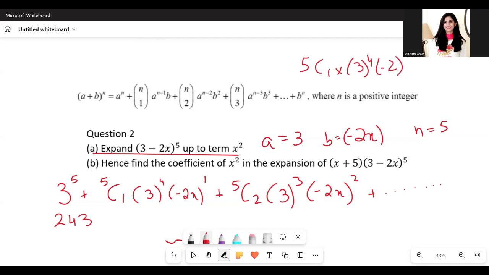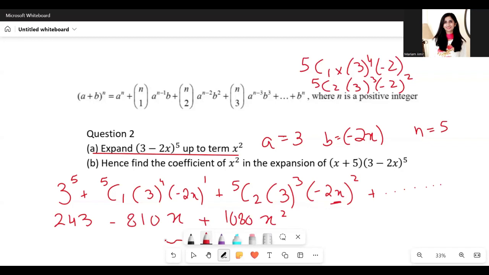That gives you negative 810, and then you'll have to write an x next to it. Plus 5c2, 3 cubed, and negative 2 squared. Enter this in the calculator, and you get plus 1080, and then there's an x squared with it as well.